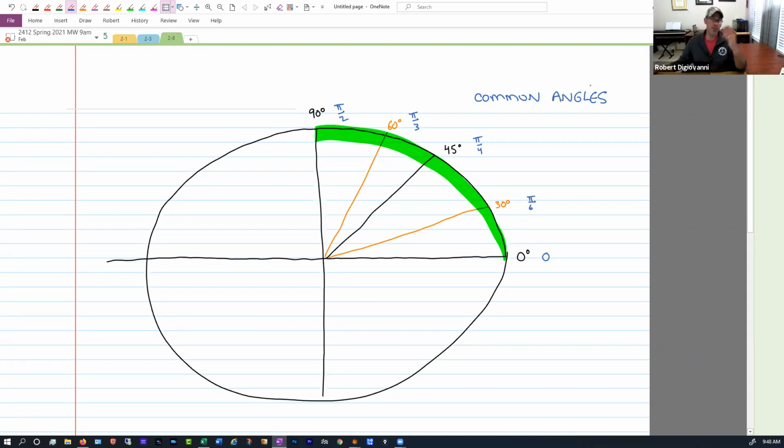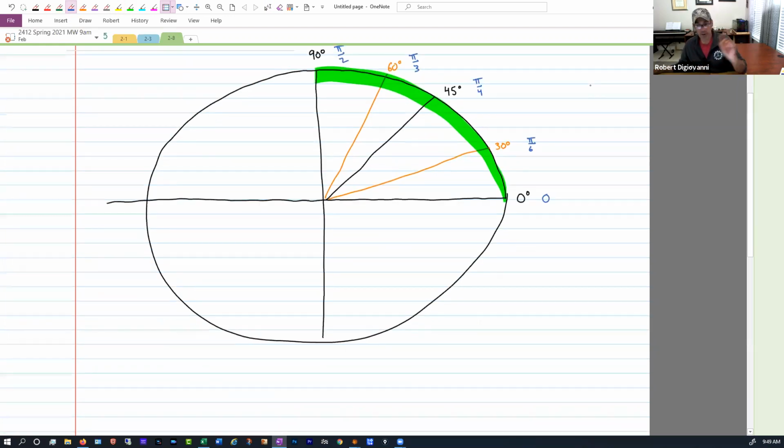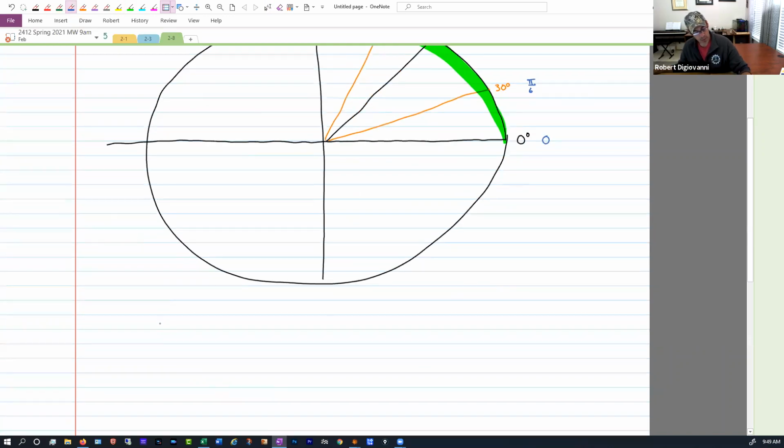And what you need to know are what the 6 trig function values are at all of those common angles. In other words, everyone in this class needs to know what sine of 0 is, what cosine of 0 is, what tangent of 0 is, what cosecant of 0 is, what secant of 0 is, what cotangent of 0 is.